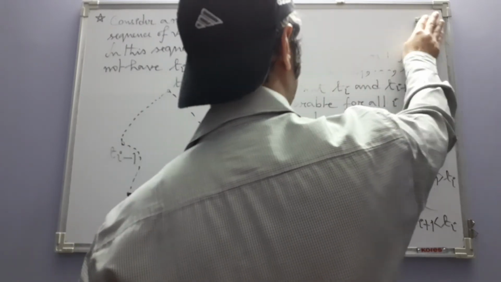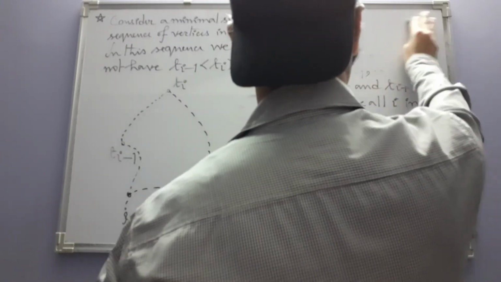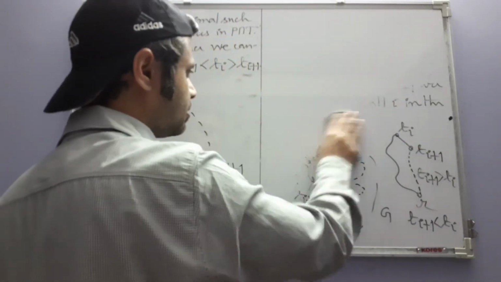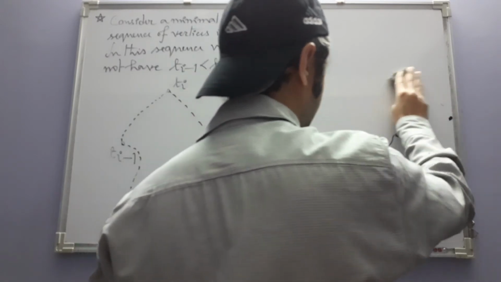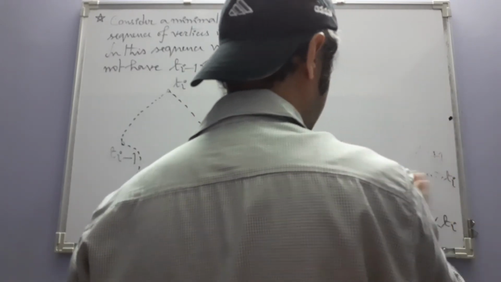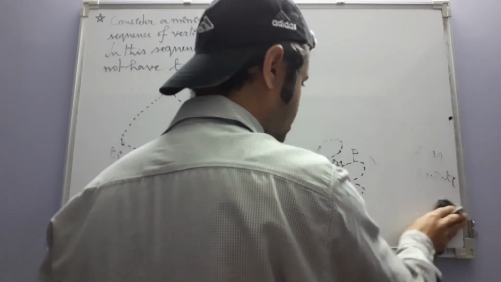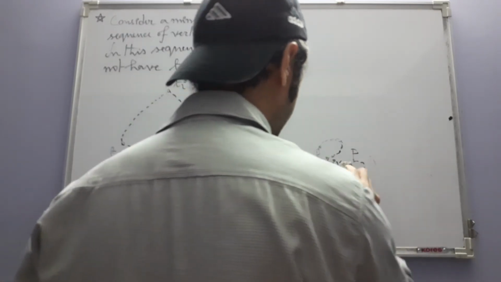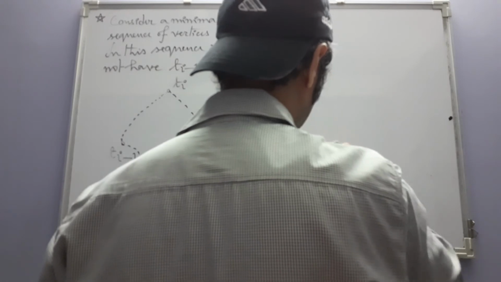And in that case we can get rid of Ti, that's the thing, and still keep that property intact where consecutive vertices in the sequence are comparable, and that in turn would contradict minimality of that sequence.